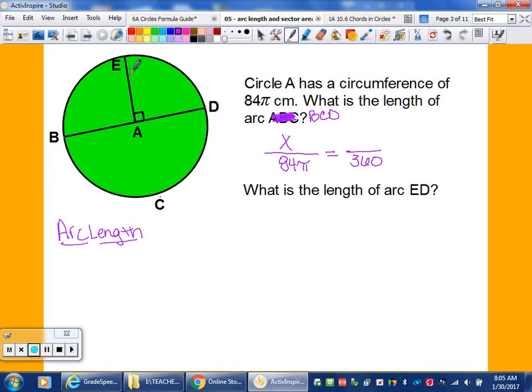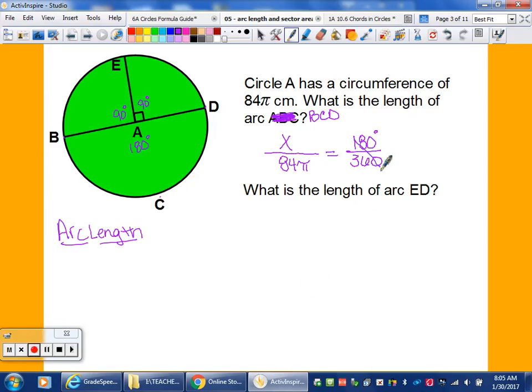Well, I look, EAD is 90 degrees, which means this other side is also 90 degrees, because BAD, the segment, is a diameter, which means arc BCD is 180 degrees because it's a semicircle. So my arc measure, because it's a central angle, is 180 degrees.